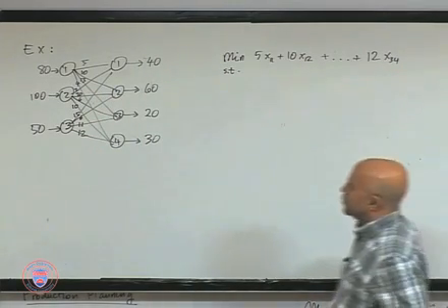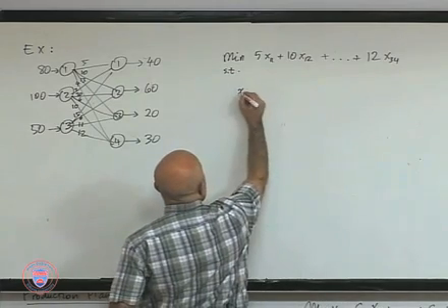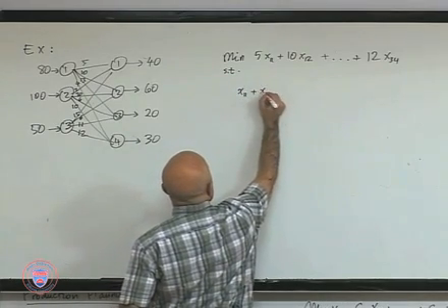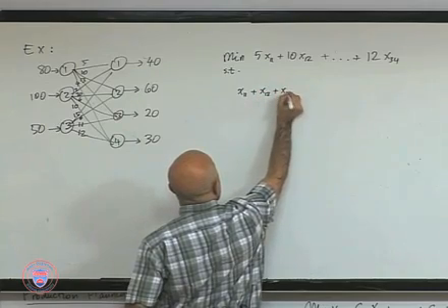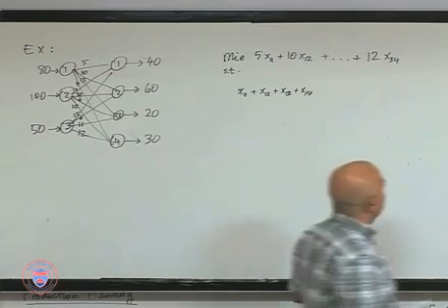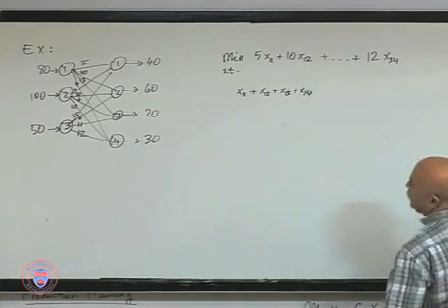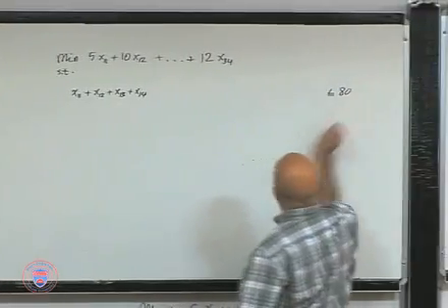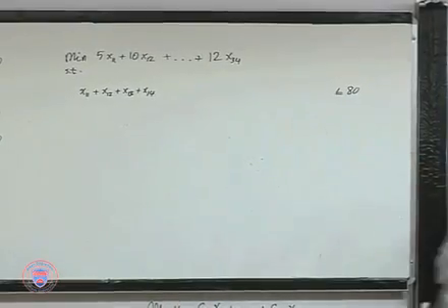The first supply constraint will be x11 plus x12 plus x13 plus x14. That's the total coming out of source 1. That should be no more than what you've got available at that source.